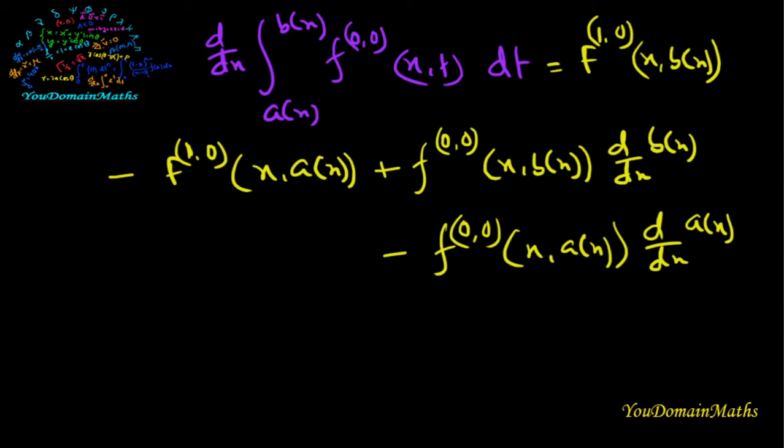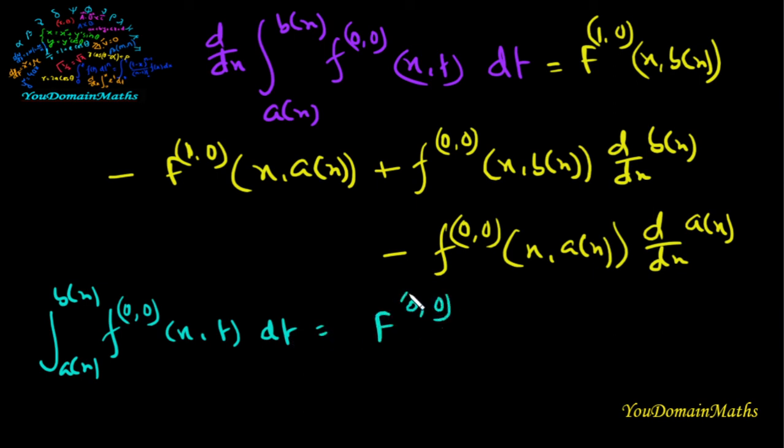For the first two terms, we write the previous finding, that means the integral from a of x to b of x of f of 0,0, x comma t dt, equal to f of 0,0, x comma b of x minus f of 0,0, x comma a of x.